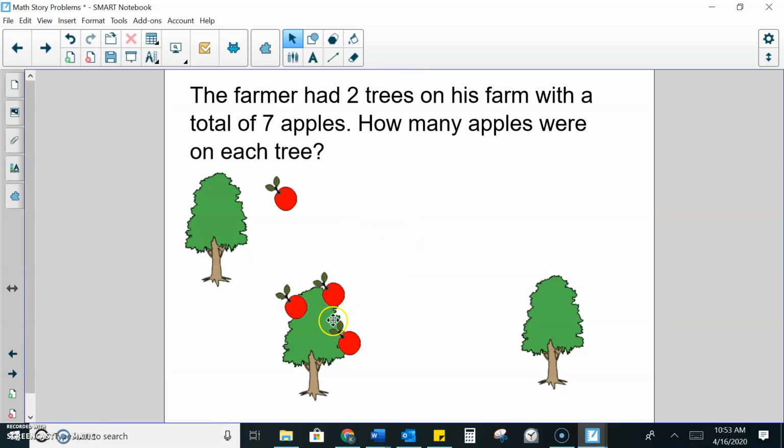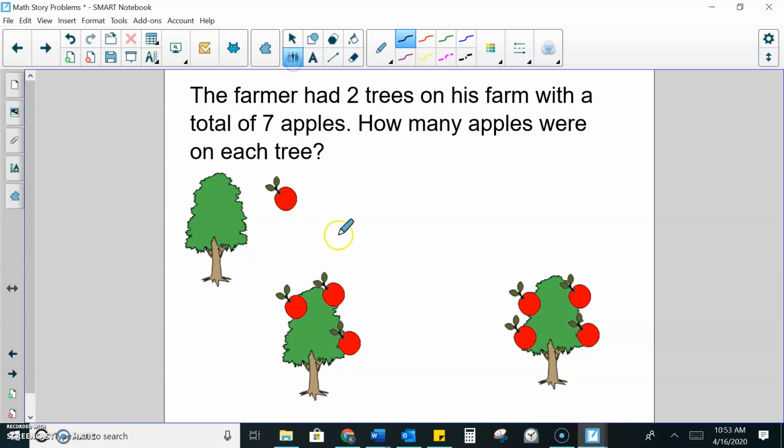So if I have 3 apples on this tree, well, there's 3 I can count on. 4, 5, 6, and 7. So our answer for this is that there are 3 plus 4, and that equals 7.